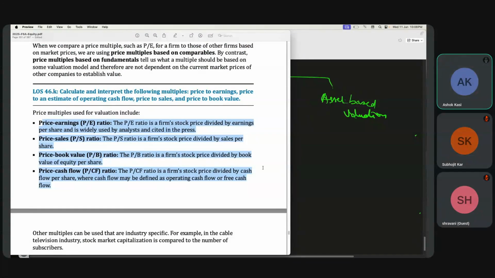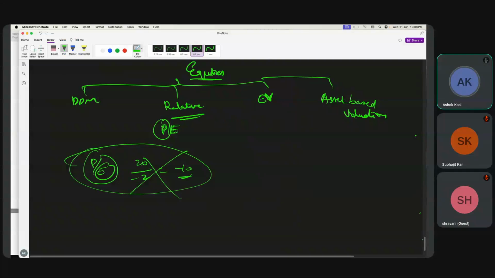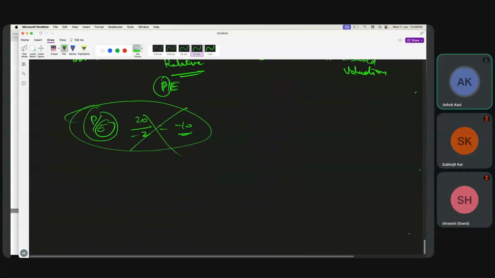Or imagine you don't trust all the calculations that they have done. At that time also you can go for price to sales, because sales is the purest form. After sales come cost of goods sold, then gross profit, then sales general administration.